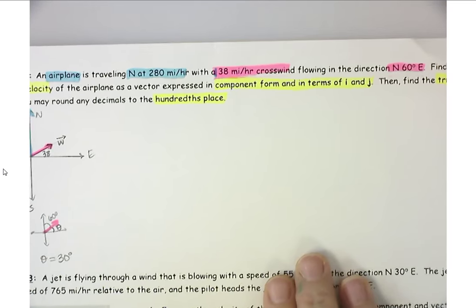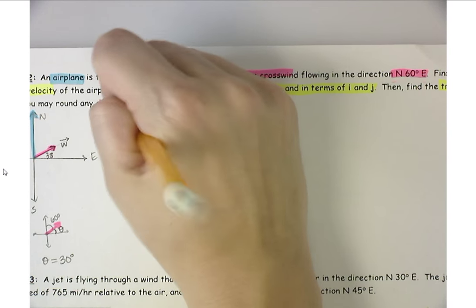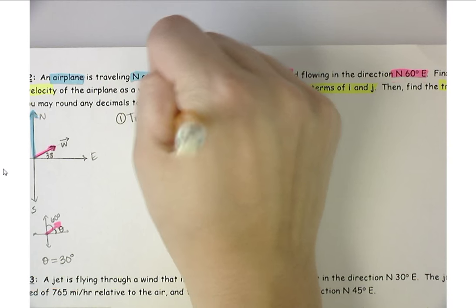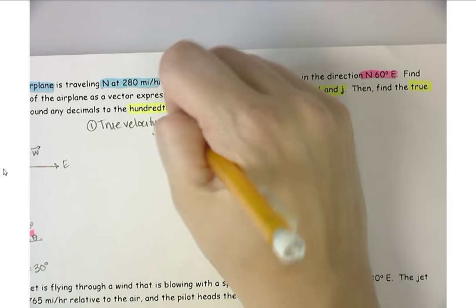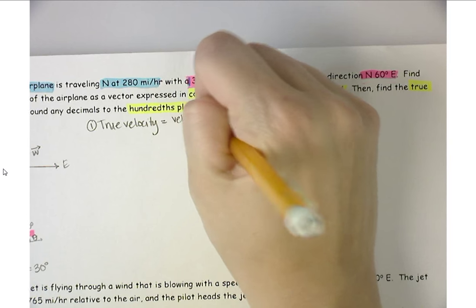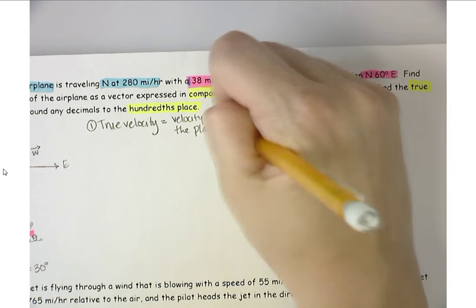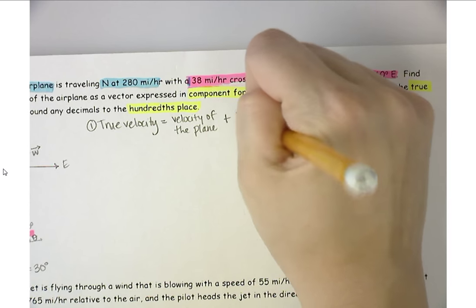Okay, so what we have to do is find the true velocity. Remember that the true velocity is equal to the velocity of the plane plus the velocity of the wind.